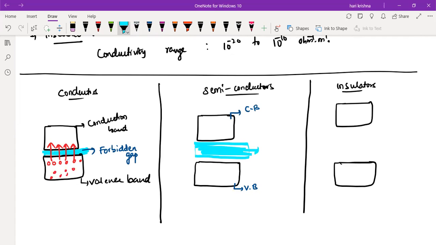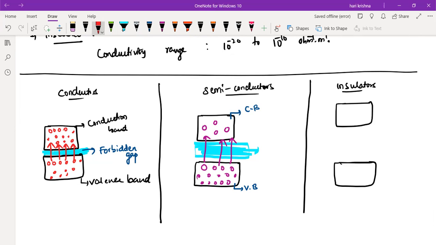Because of this, the electrons will not move easily from the valency band to the conduction band, so it will conduct only a partial amount of electricity. In conductors all the electrons will move, but in semiconductors only a few electrons will move from the valency band to the conduction band.